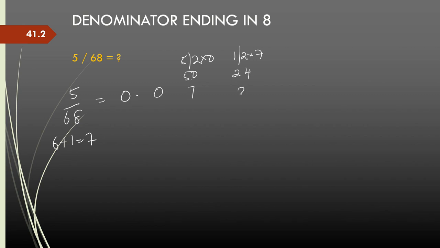24 over 7, 7 threes are 21, 3 is the remainder and 2 times 3 is 6. So, that is 36. 36 now divided by 7, 7 fives are 35, 1 is the remainder, 2 fives are 10. So, this becomes 20. 20 over 7, 7 twos are 14, 6 and 4 gives me 64. 64 over 7 gives me 9, 7 nines are 63, and so on, and you can continue the process.